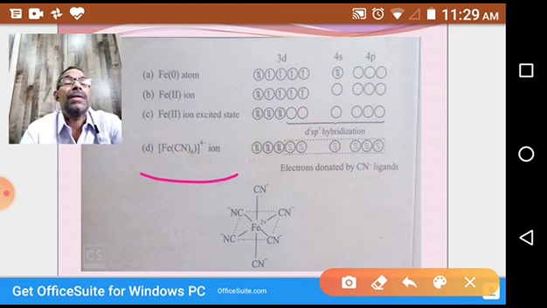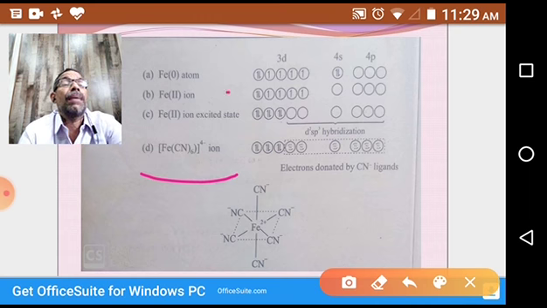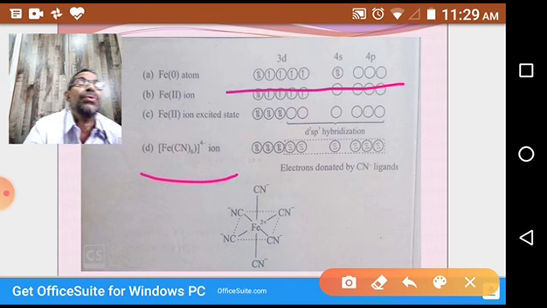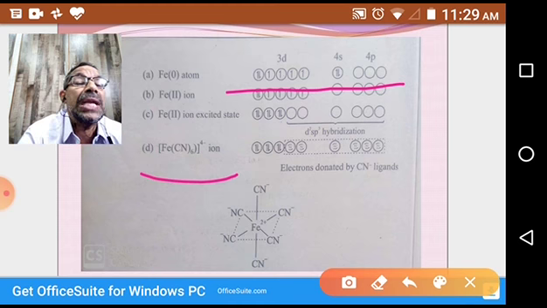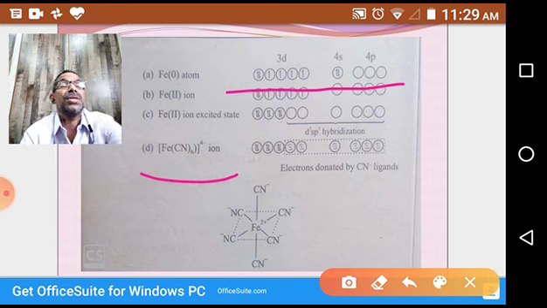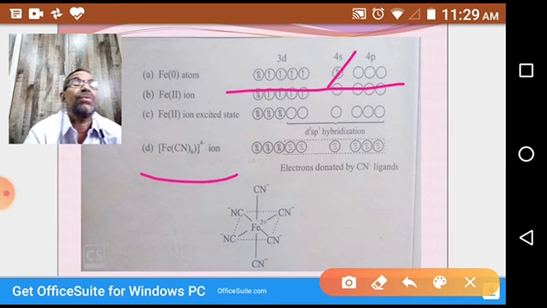You see, iron in the 0 state, iron atomic number is 26, we know that 4s2 3d6 is the electronic configuration of iron in the 0 state. Then iron is exhibiting the +2 state. The primary valence is +2. That's why it loses 2 electrons from the 4s orbital in the formation of this complex.